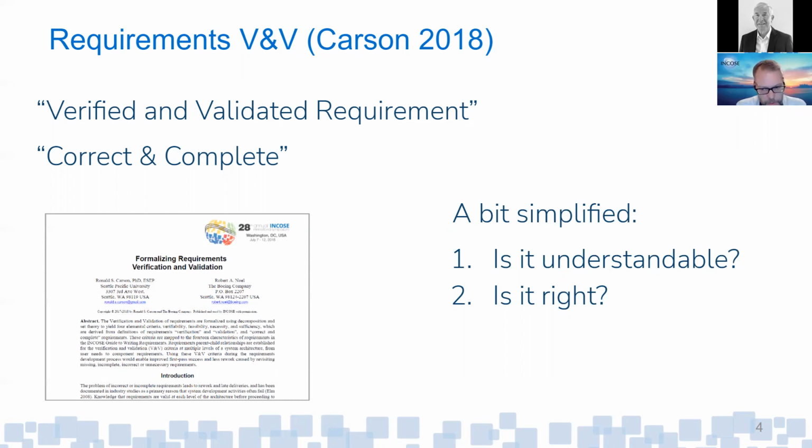So that is about the requirement itself and how it's written. But then the second super important aspect is: is it right? Is that the right thing to ask for? Two completely different things, and it relates back to correct and complete and verified and validated.